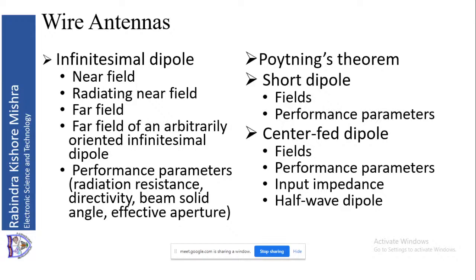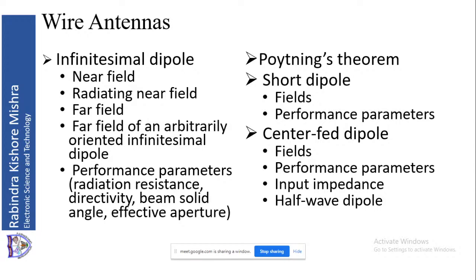For the short dipole, again you find out the fields, same fields that we have discussed for the infinitesimal dipole. Then performance parameters, same performance parameters. Then go to the center fed dipole, under which comes the half wave dipole. In this, again, fields, performance parameters, input impedance, and particular stress is to be given on half wave dipole.